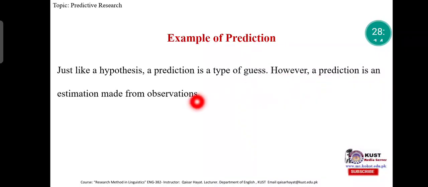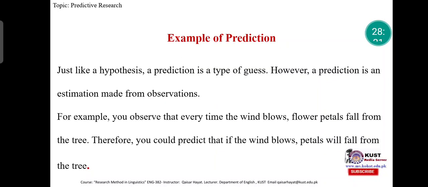A prediction is an estimate made from observation. That's not a hypothesis, but it's just like a hypothesis. Now the example: you observe that every time the wind blows, flower petals fall from the tree. Therefore, you could predict that if the wind blows, petals will fall from the tree.